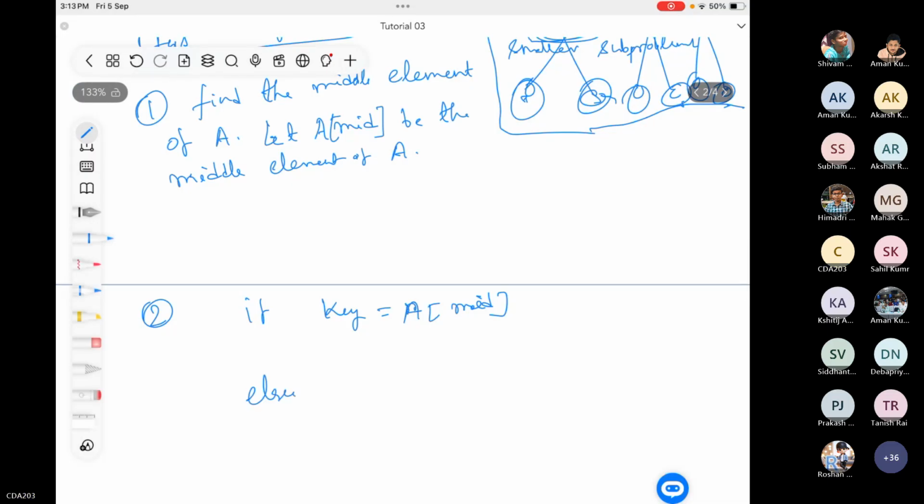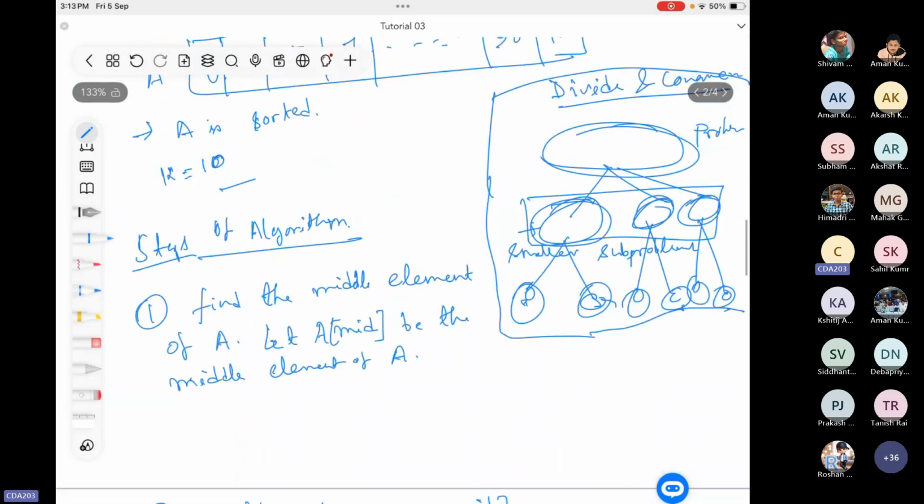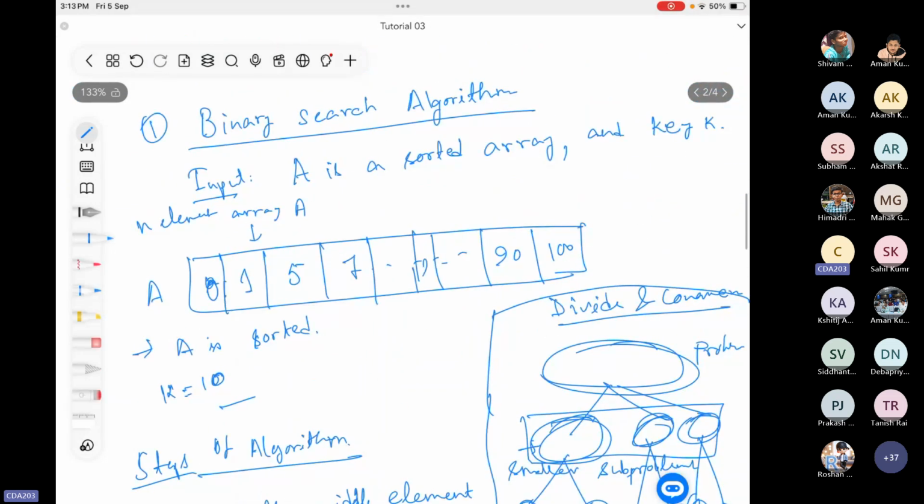Otherwise, if the key is less than array mid, what can you do? Let's say the middle element here is around 20, so your key 10 is less than this middle element.